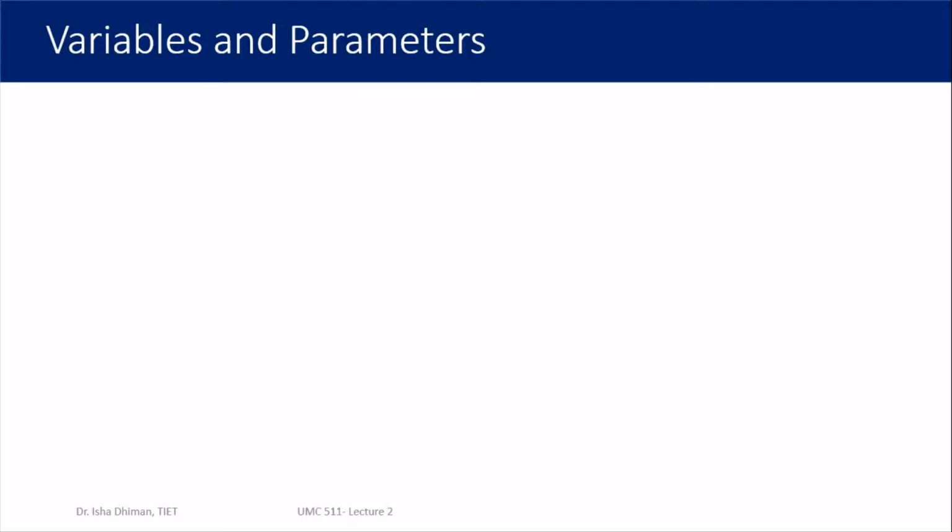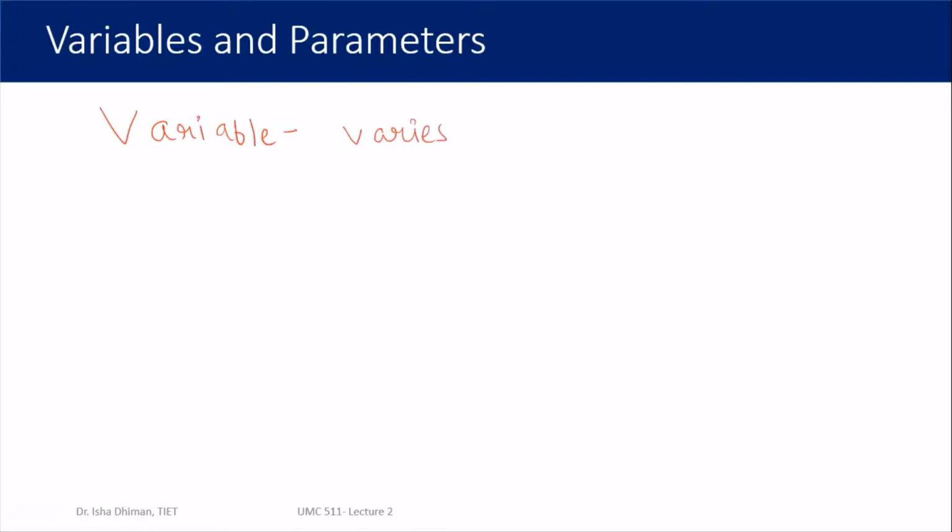But I am going to give you the concept of variables and parameters in the context of mathematical models. So do not get confused if you see a conflicting definition. Actually it will not be conflicting, but it can be a little different from what I am going to give you here. Let's first talk about what a variable is. It is otherwise clear from the name: a variable is something that varies.